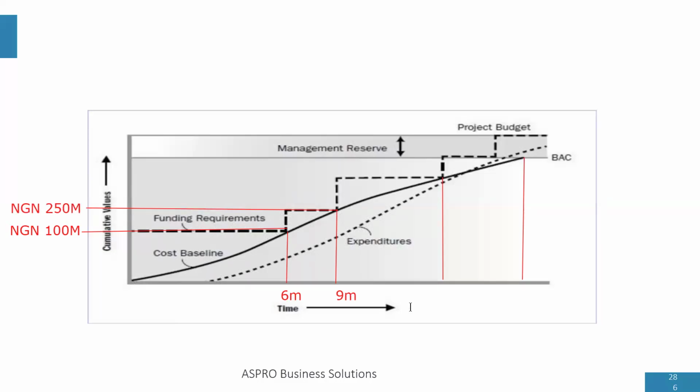And then maybe this is the third phase. In the 15th month, we finish the third phase, and the total amount spent is 450 million.